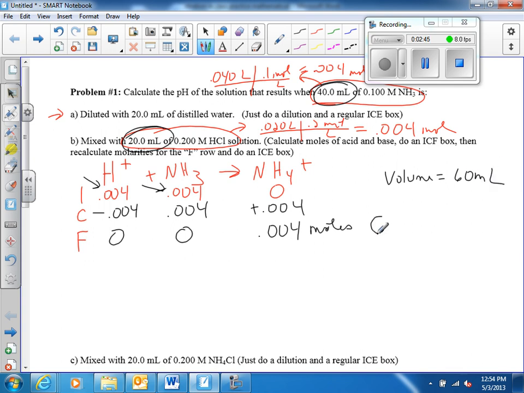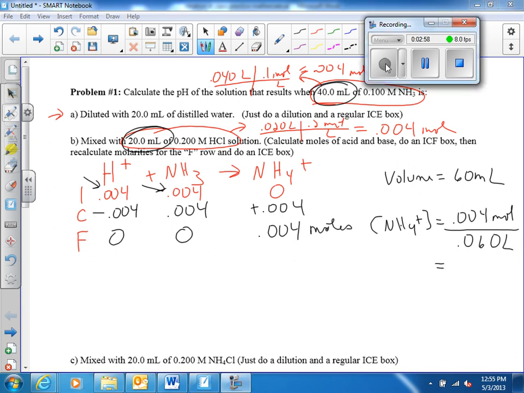And the molarity or concentration of NH4+ is going to be 0.004 moles over 0.060 liters, which is 0.0667 molar.